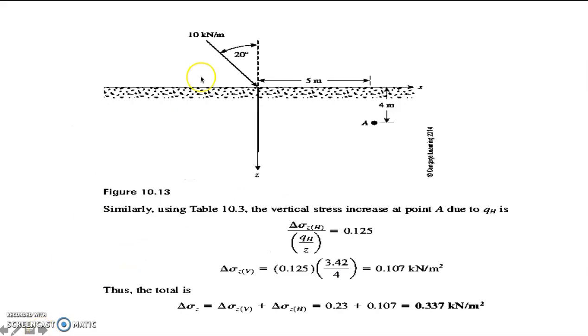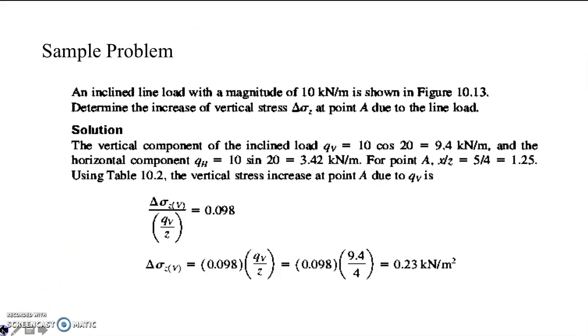It makes an angle of 20 degrees with the vertical, so our horizontal line load will be 10 sine of 20 degrees, and our vertical line load will be 10 cosine of 20 degrees. So that gives us the vertical line load is 9.4 kilonewton per meter, and horizontal line load is 3.42 kilonewton per meter.